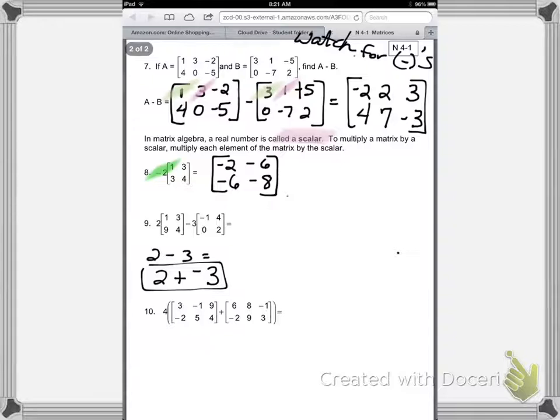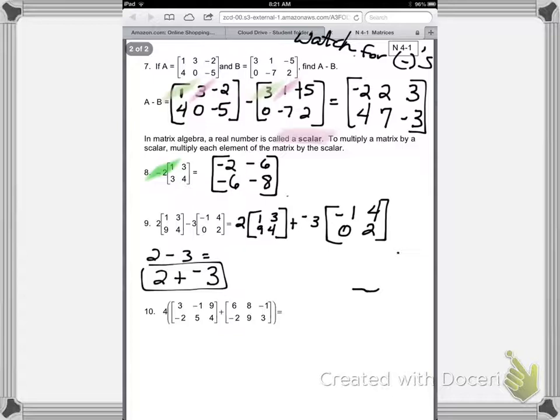So I rewrite this, usually, as an addition problem. So I'll say 2 times the matrix 1, 3, 9, 4, plus negative 3 times the matrix negative 1, 4, 0, 2.